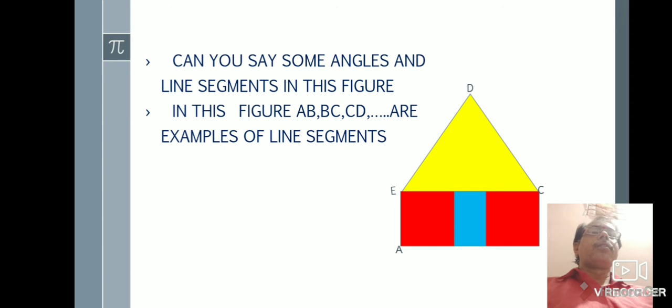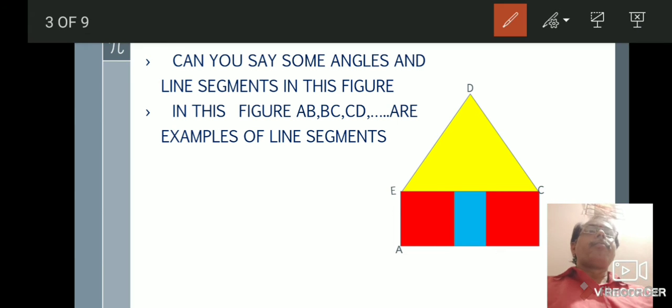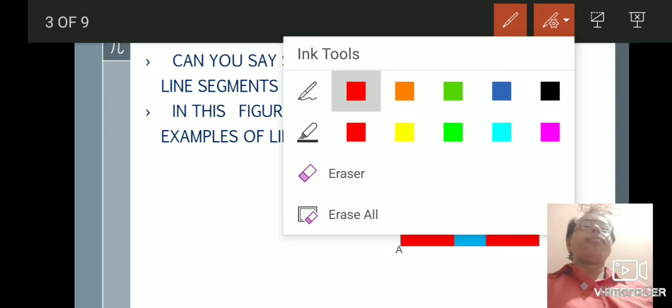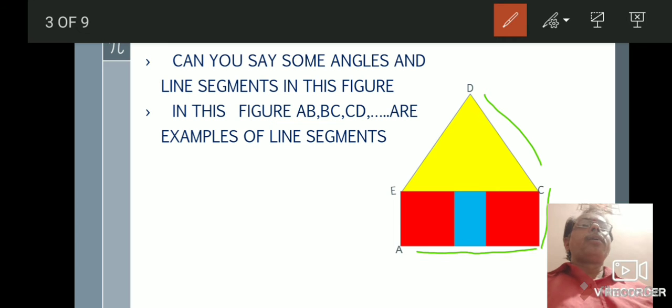So in this figure, we have AB, BC, CD, and so on, which are examples of line segments.